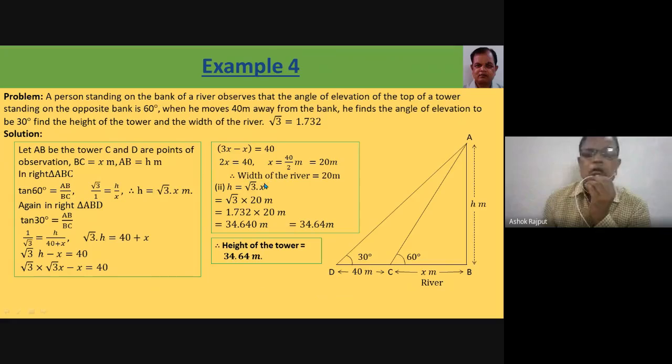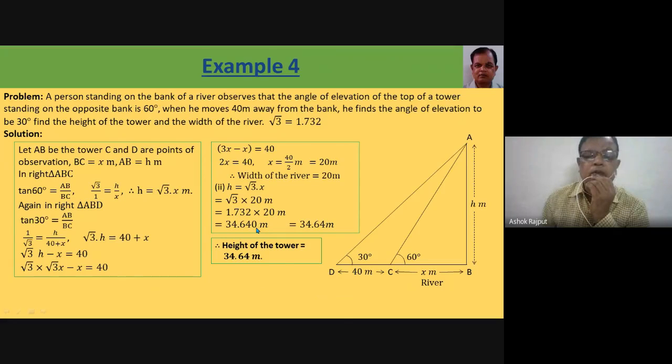As we have calculated, the width of the river is 20 meter. Now h equal to root 3x, so we can put the value of x here, root 3 into 20 meter. As we know, the value of root 3 is 1.732, then multiply by 20.